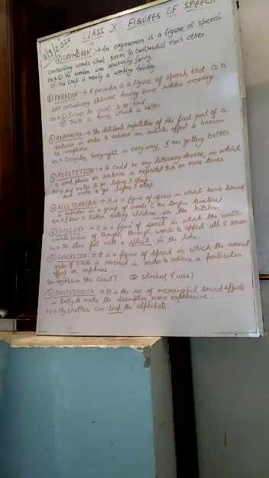Next is imagery. What is imagery? It is a figure of speech in which the writer creates pictures of thoughts through words to appeal to all the five senses. So here the thoughts of the writer come out through all the five sense organs of the body. For example, the stone fell with a splash in the lake.